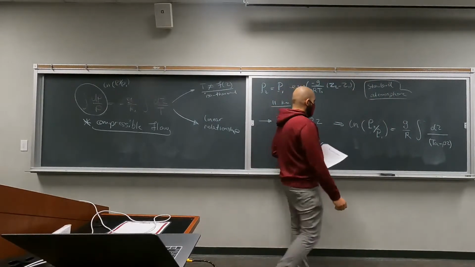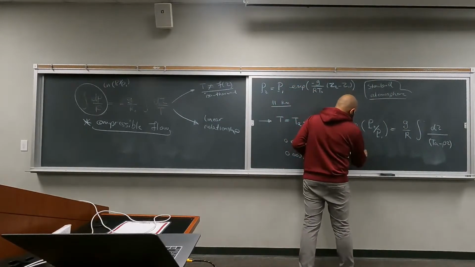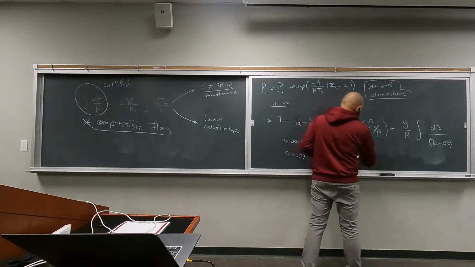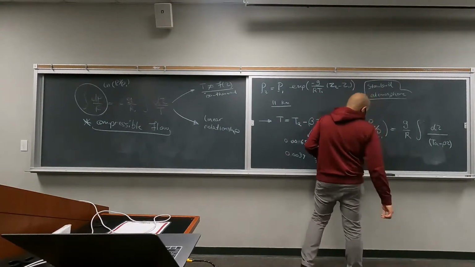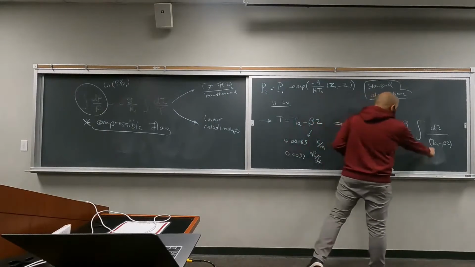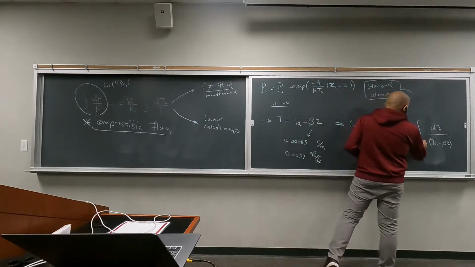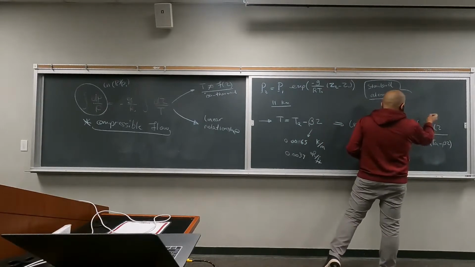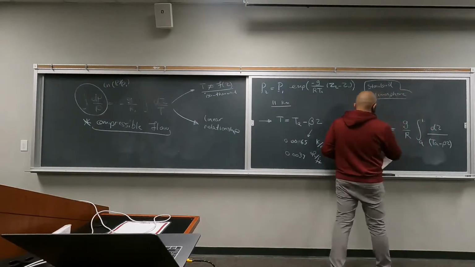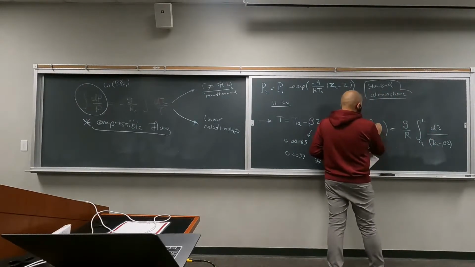So if you take the integral, eventually you're going to come up with this relationship. And let's say, since we are dealing with the surface of the Earth, let's do 1 and A here.